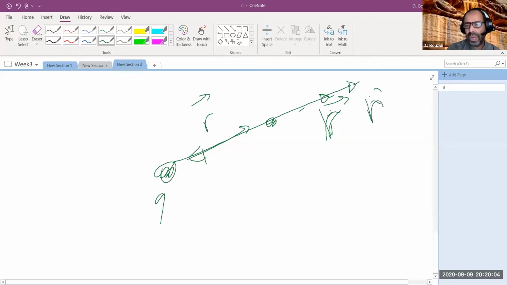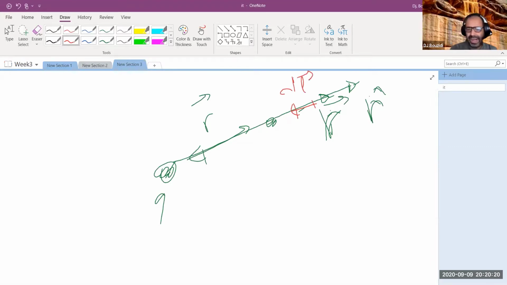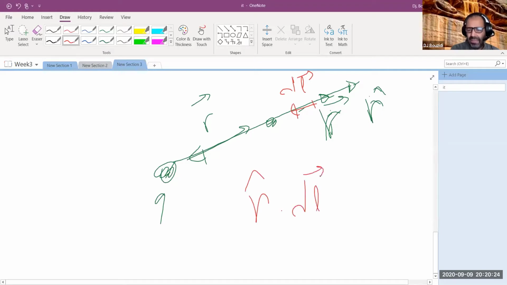R hat always points away from the charge, but the displacement is coming from infinity to that position. So my displacement actually has a negative sign. So my displacement dr, or dl, I'm sorry, is this way. Okay, so r hat and dl, which is actually dr in this case because it's a radial displacement.